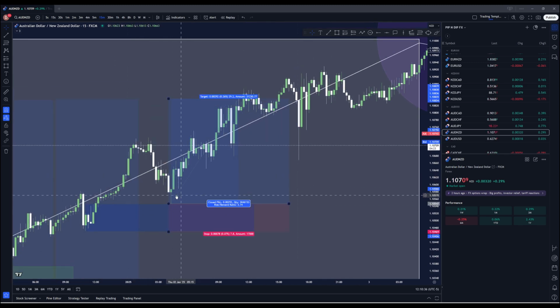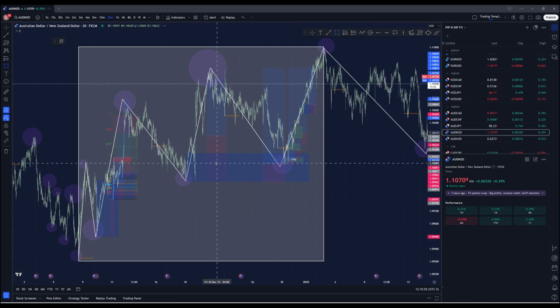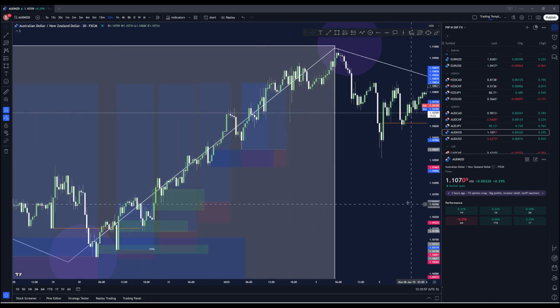Our area of interest was here. We pushed up. This was our first from that whole move. So now we're trying to see what's in this area that ended up pushing market to that low. Well, we play around with the time frames.